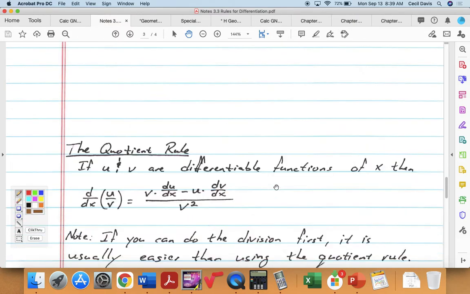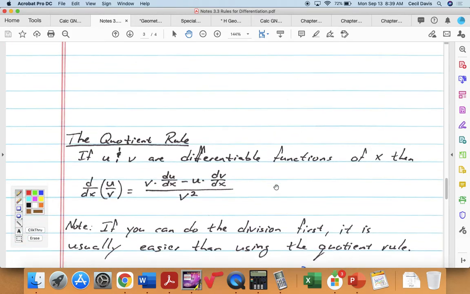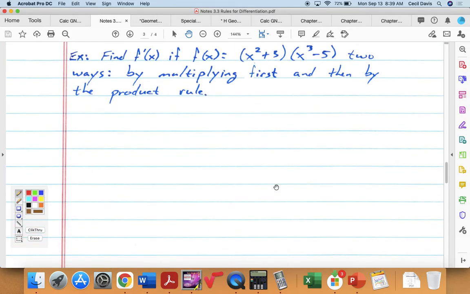Now I'm curious, what's on page 4? Oh, yeah. We have a lot of stuff going on here today. So here they want us to find the derivative two ways, by multiplying first and then by using the product rule. Okay. How are we fixed for time? 8:42. Oh, we are just about out of time entirely.